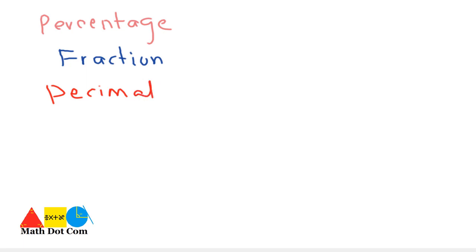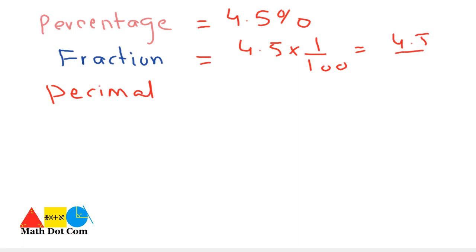If you are given a percentage like 4.5%, it can be written in the form of fraction as 4.5 into 1 over 100 equals 4.5 over 100, as the percentage is equal to 1 over 100, and in decimal form we may write it as 0.045.